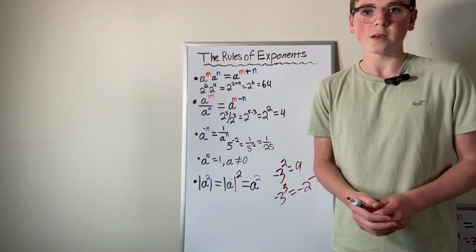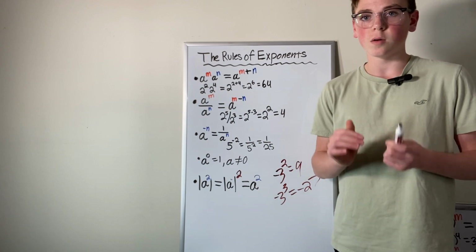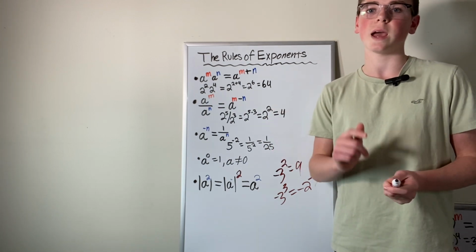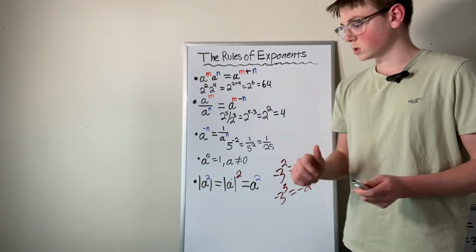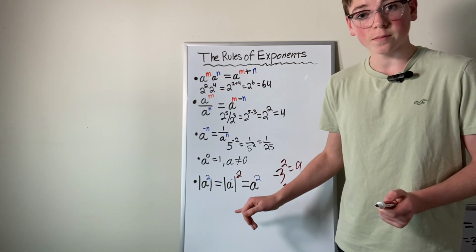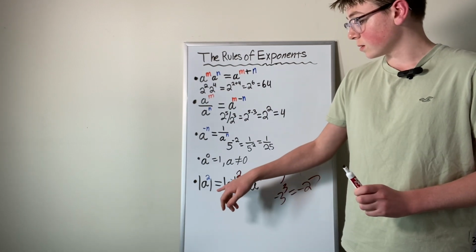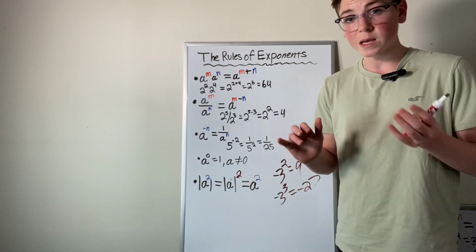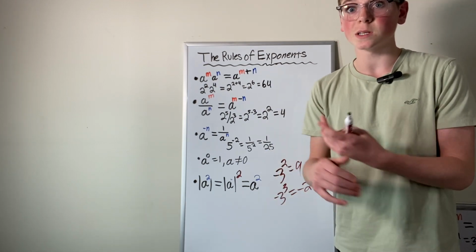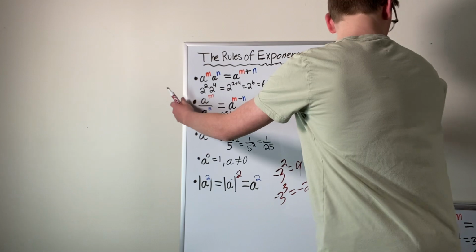And that's not absolute value. Absolute value will always give you a positive because it's a distance and you can't have a negative distance. So when it's an even power, then the absolute value of a squared equals the absolute value of a, quantity squared, is equal to a squared.